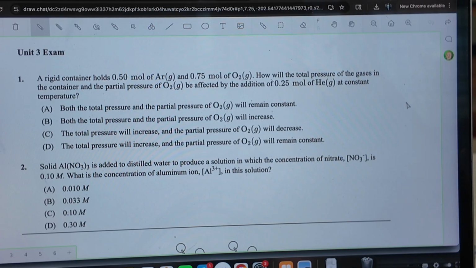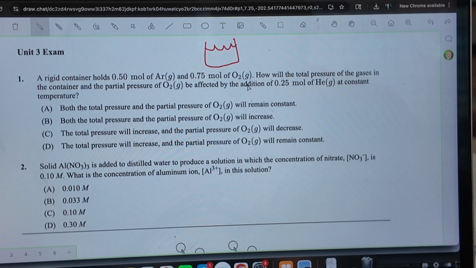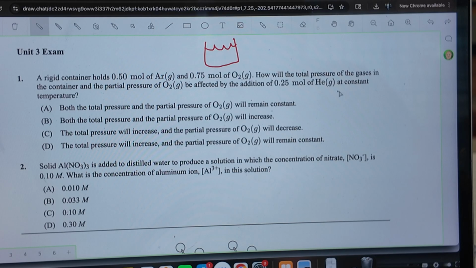Okay, so in a rigid container, volume doesn't change, right? Because you have this container, it's rigid, so nothing can get in and nothing can get out. And the problem says the temperature stays constant. Constant temperature.